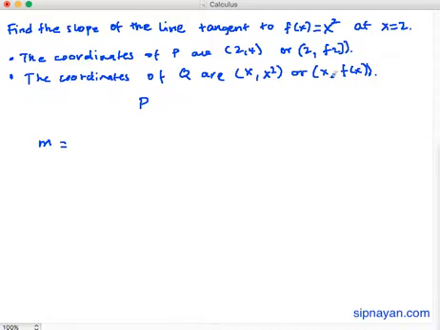So, yung P natin, using these two coordinates, we have 2, f of 2. Yung Q natin ay x, f of x.